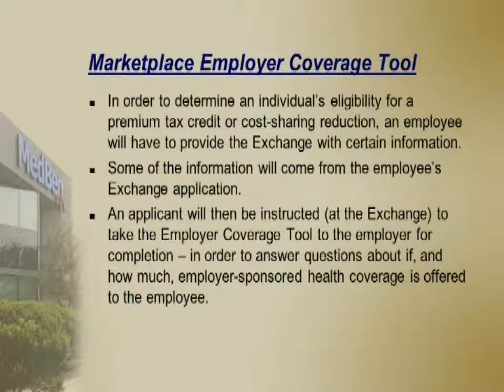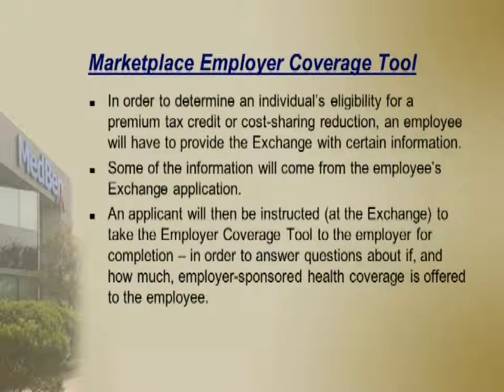When we talk about the employer coverage tool, again, these two documents sort of go hand in hand. Page 3 of the model notice for an employer that's offering coverage is pretty much the same thing as the employer coverage tool. And this tool is the information that an individual is going to need to find out if they're eligible for a premium tax credit or cost-sharing reduction, basically financial assistance to get coverage under the exchange.